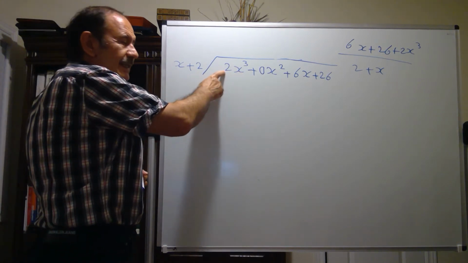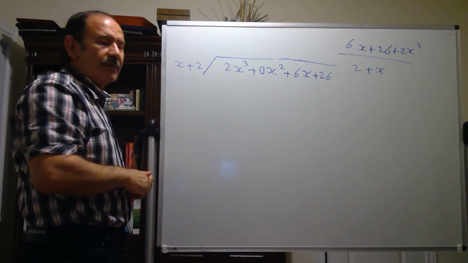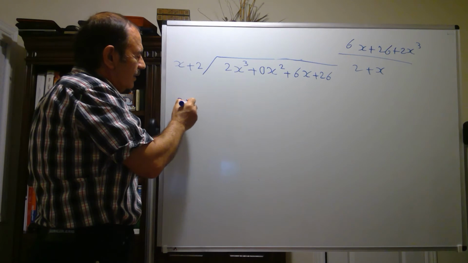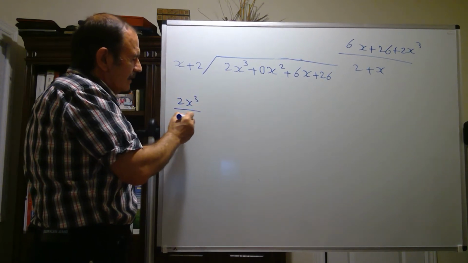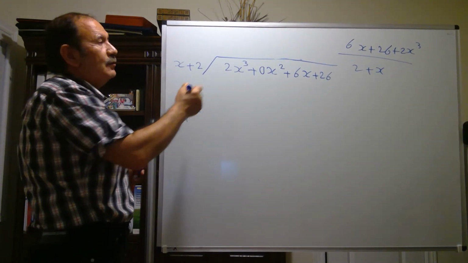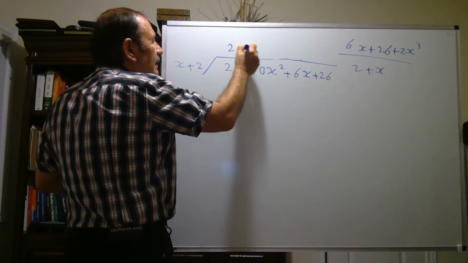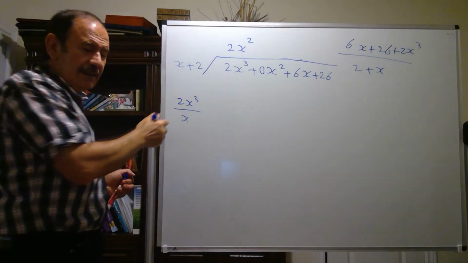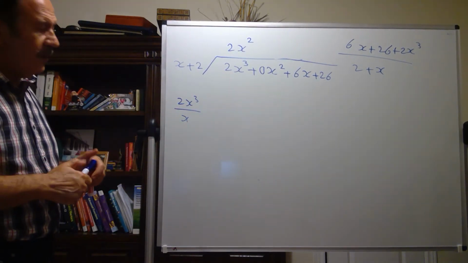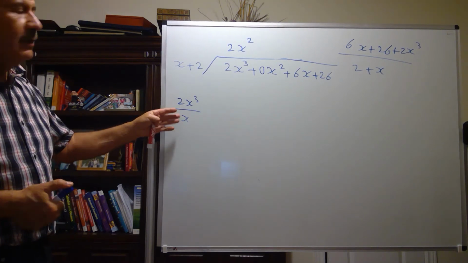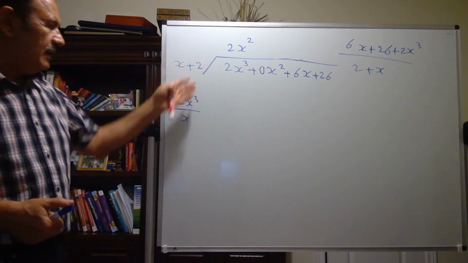Divide the first term: 2x cubed divided by x is going to be 2x squared. You don't need to write in this format. I'm just writing to show you how we are dividing. You can just divide without writing this.